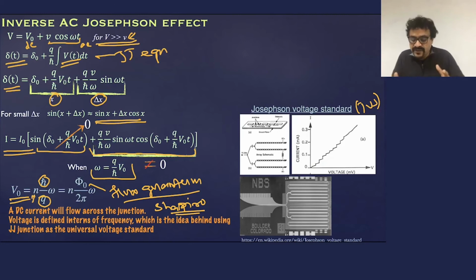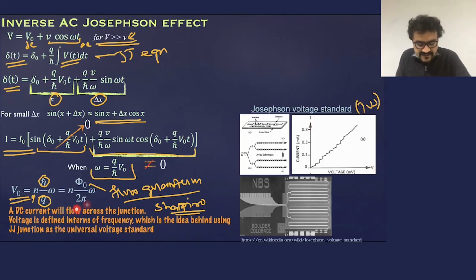The device which is being used as a voltage standard consists of an array of these junctions, which is shown here, and there is a microwave source which is going to be used as an AC source or radiation source. What you would do is vary the voltage and measure the current.